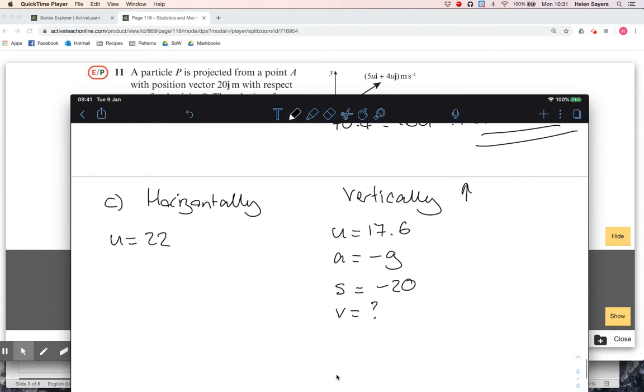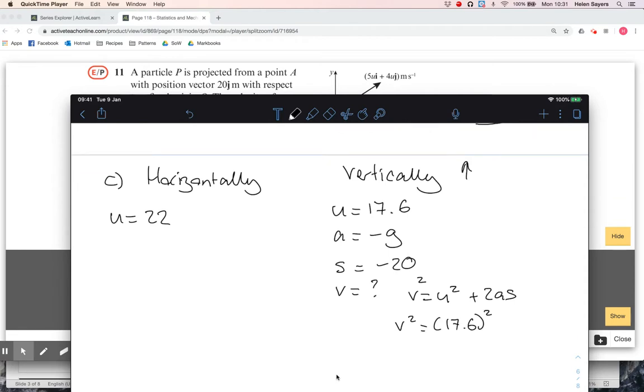So I am going to use v squared equals u squared plus 2as. So v squared is 17.6 squared plus, negatives cancelling here, 2 times minus g times minus 20.